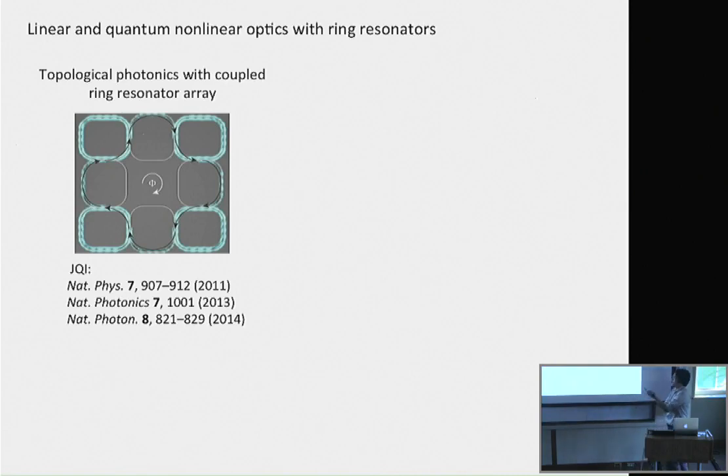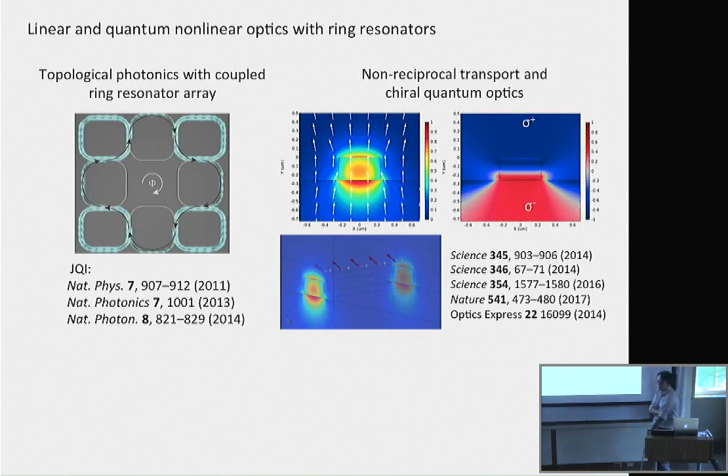So this kind of coupled ring resonator can be used to engineer topological lattice models that have been widely discussed in quantum physics, and in particular, Harvard's group and JQI have been realizing many of the interesting physics here.